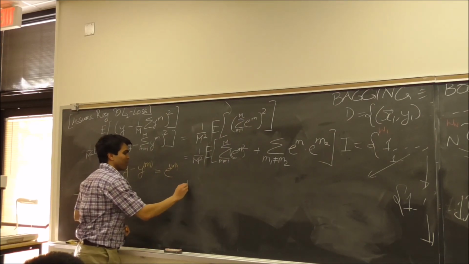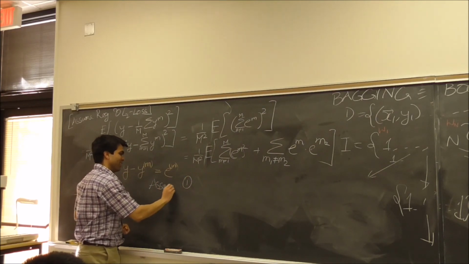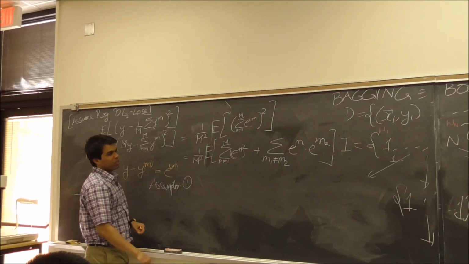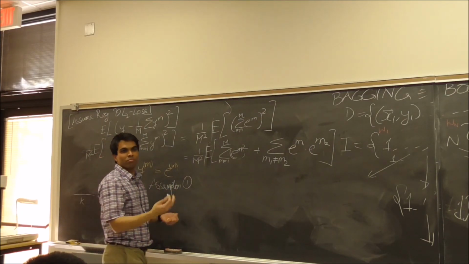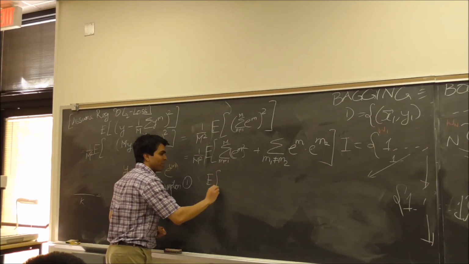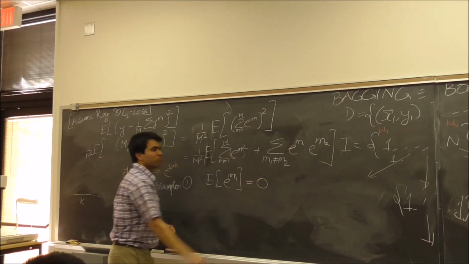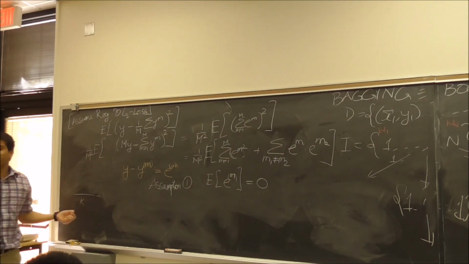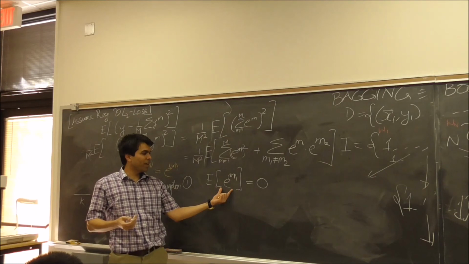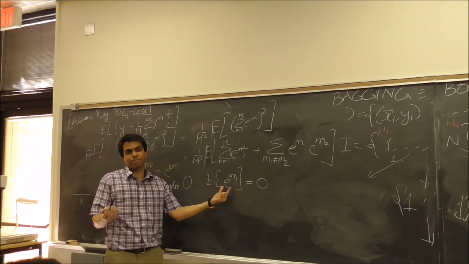Okay, so here's assumption number 1. I assume that on average the errors are 0, so I assume the expected value of em is equal to 0. So this is unbiased errors, right? On average, my predictor has 0 error.